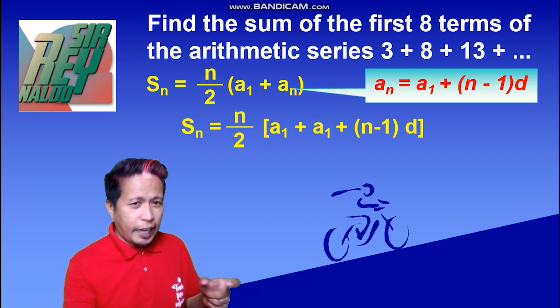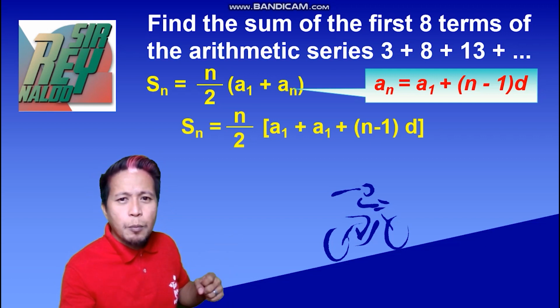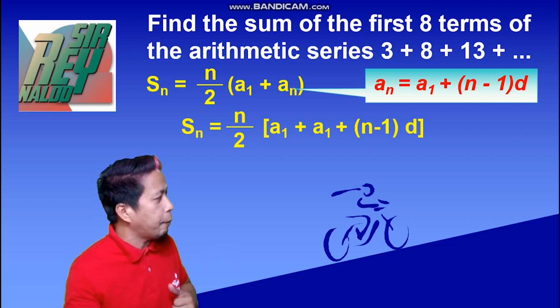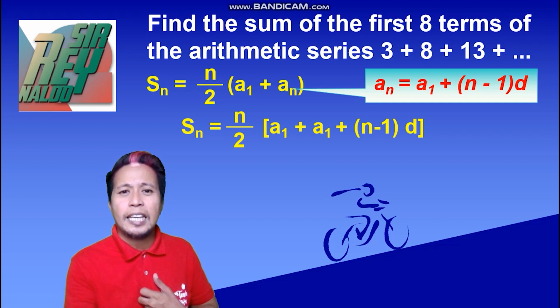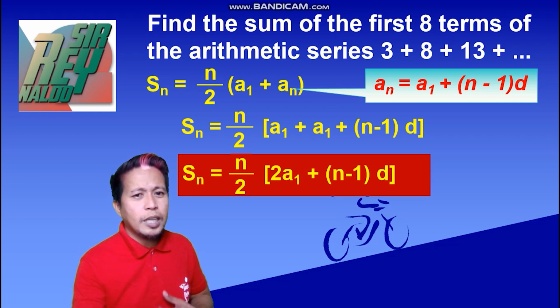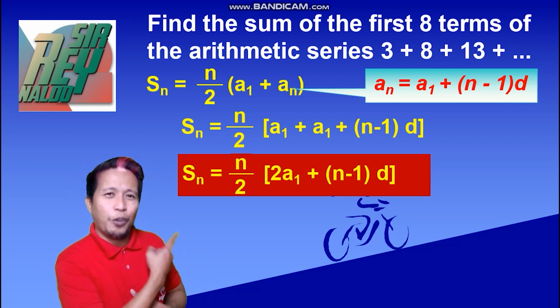So magiging S sub n is now equal to n over 2 bracket the a sub 1 plus a sub 1 plus the quantity n minus 1 times d. So mapapansin natin na dalawa na ang ating a sub 1. And finally, we shall have this formula. So ito na ngayon ang gagamitin nating formula.